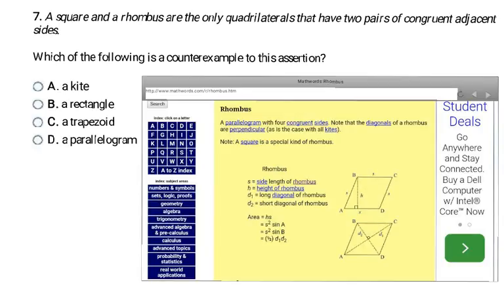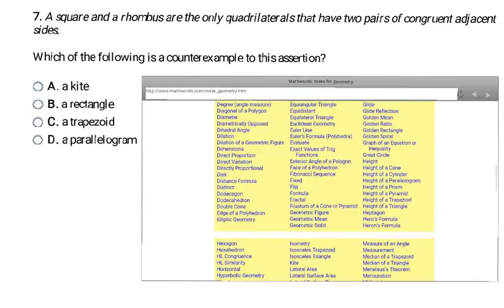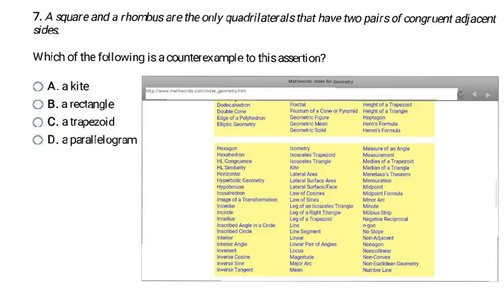So here it wants to know, are a square and a rhombus the only two shapes that have congruent adjacent sides? Adjacent means they touch. So for a rectangle, the sides that are congruent don't touch. So I know it's not a rectangle, but I'm not sure what a kite is. So I'm going to go over here and click on kites.